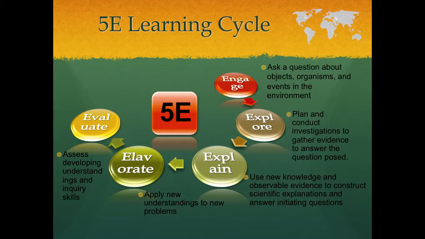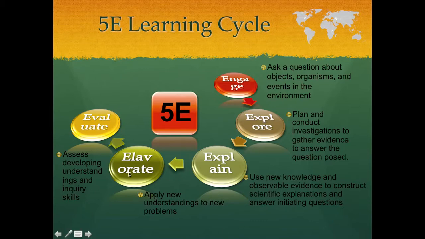And then you bring some investigation, some activities. So students start to explore, explain. Once they are done with their exploration, students start to discuss what's going on. And also, teachers need to introduce new scientific terms during explanation.